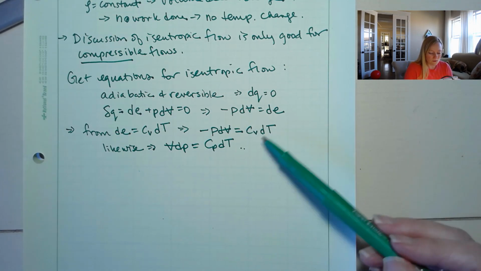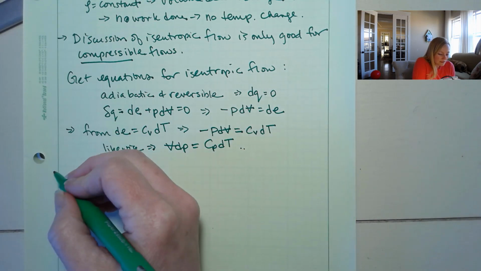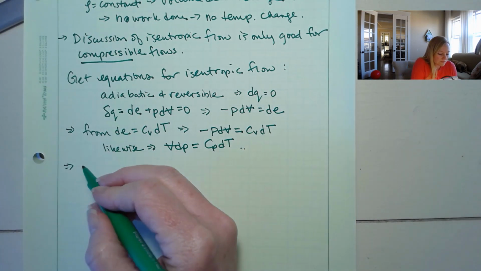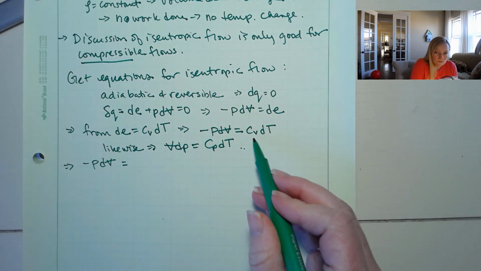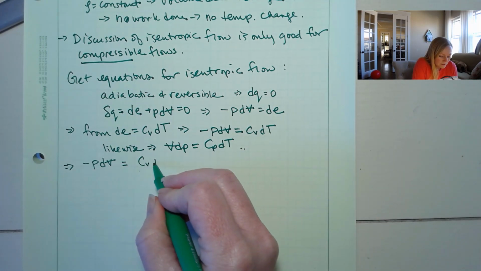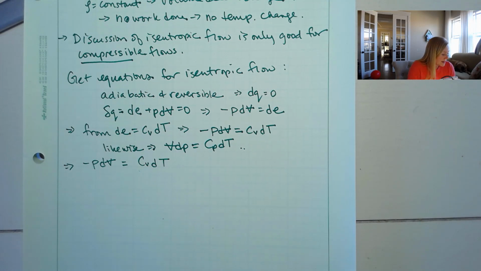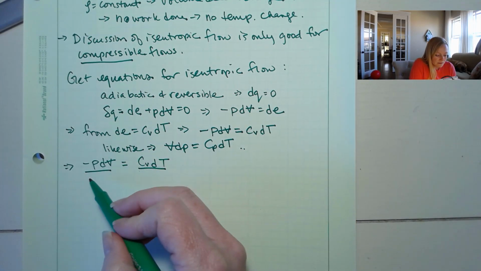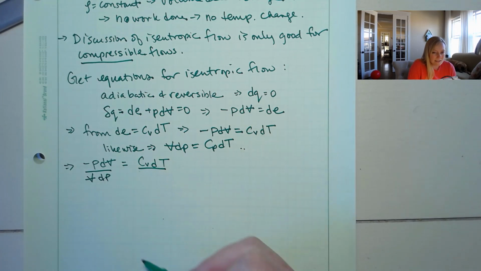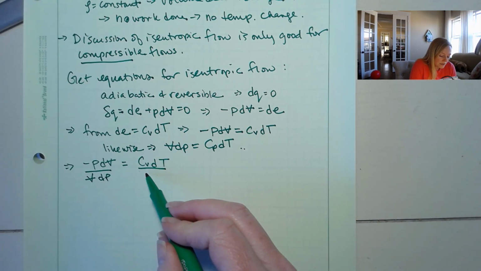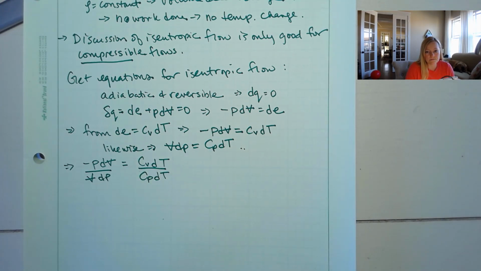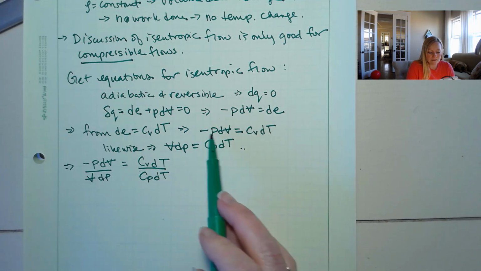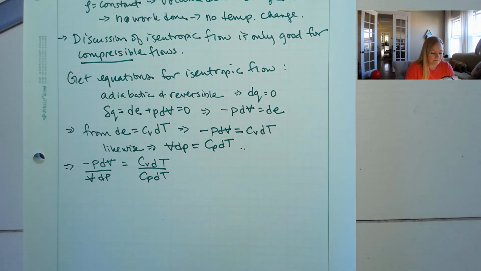We're going to take this equation and divide by this equation. So we're going to have negative pressure dV equal to CV dT. Just recopy that equation. And then I want a ratio, so on the left side, I'm going to divide this by V dP, and over here, we're going to have Cp dT. So you're dividing this equation by this equation.